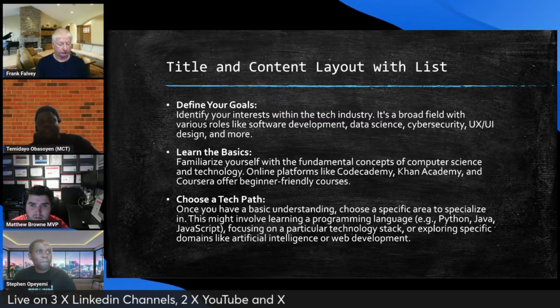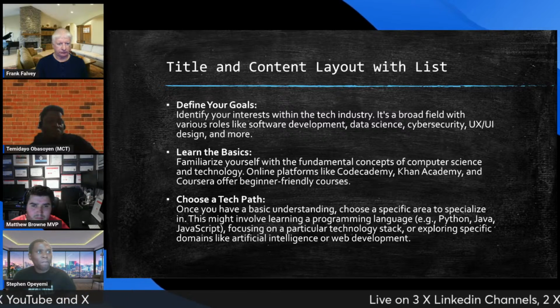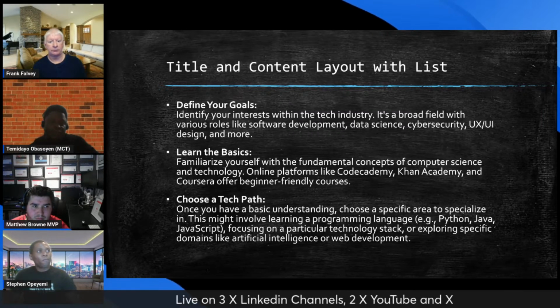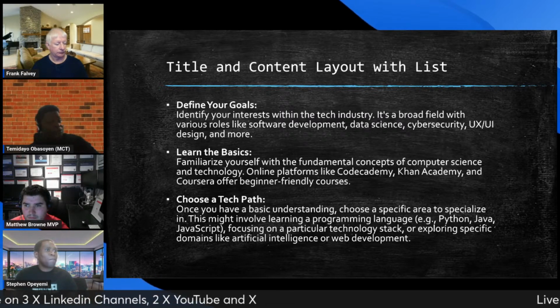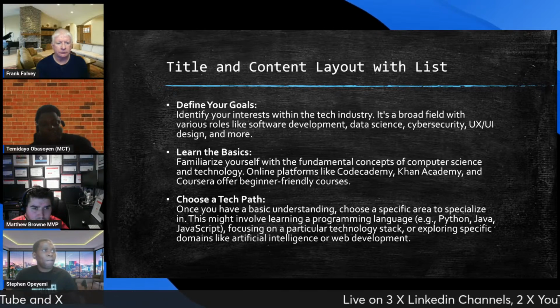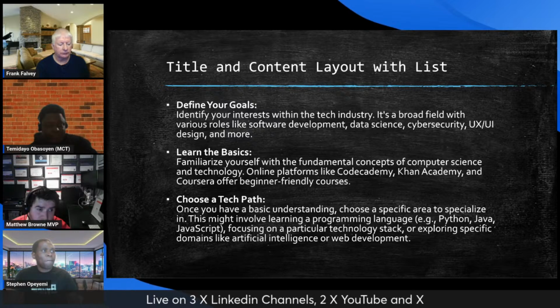Familiarize yourself with the fundamental concepts of computer science and technology. That is, if you choose to be the bookie or the one that wants to go to school, you want to get a degree for that. Not every one of us, and this is me speaking based on the people I know, actually went through the four walls of schools, institutions or universities.